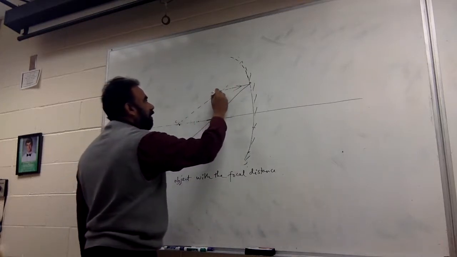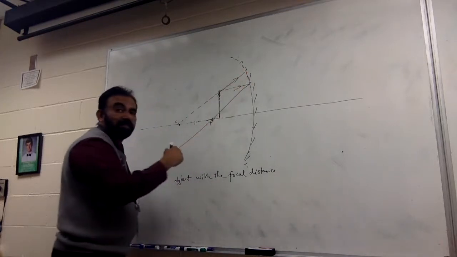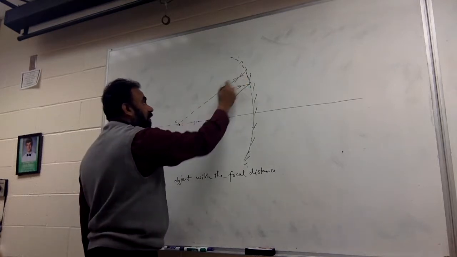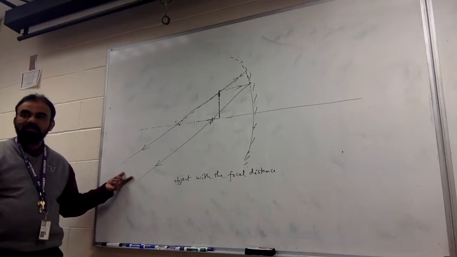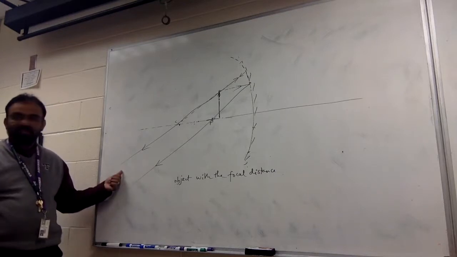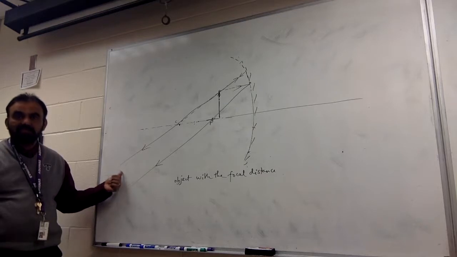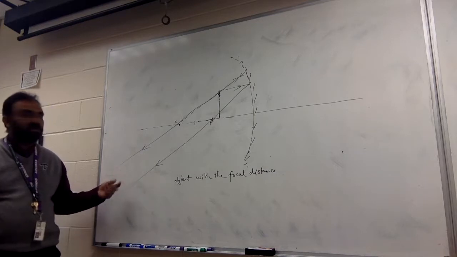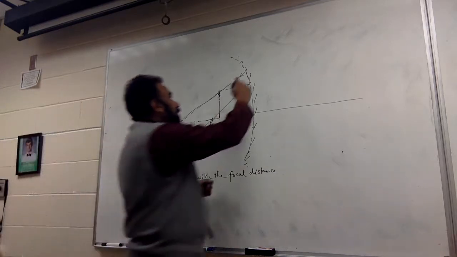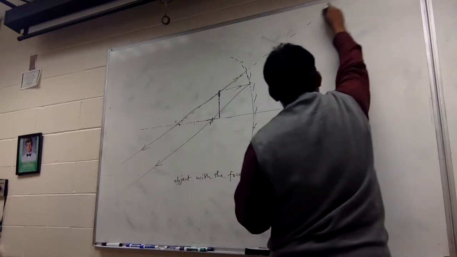A ray that goes and hits the mirror like that will get bounced back, and there it goes. Do these meet here? No. What kind of rays are these? Diverging rays, correct? Diverging rays appear, so these rays appear to be coming from this point.